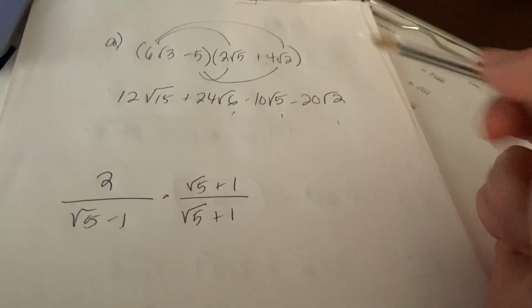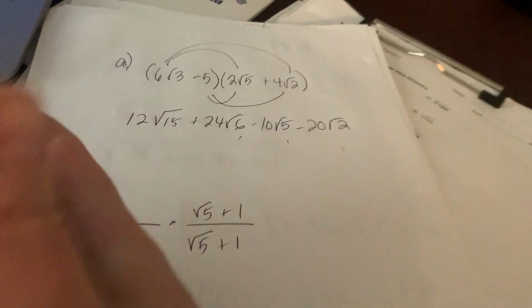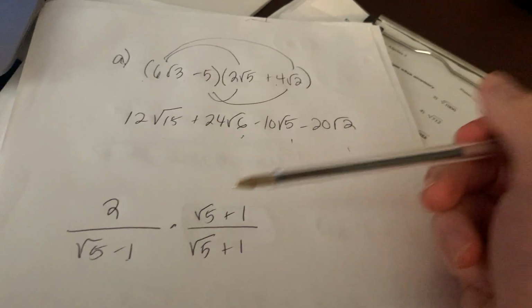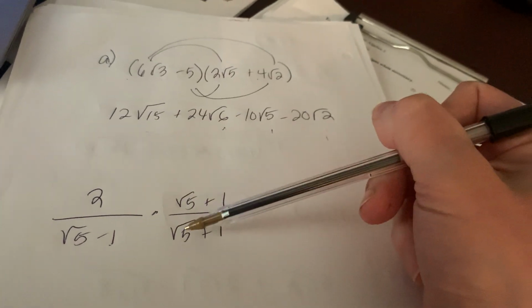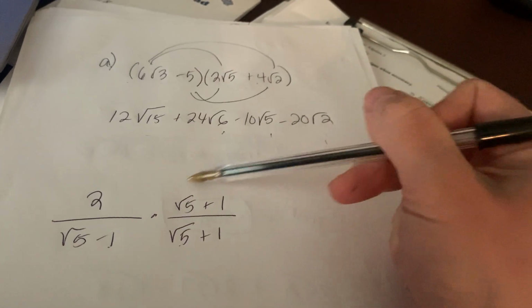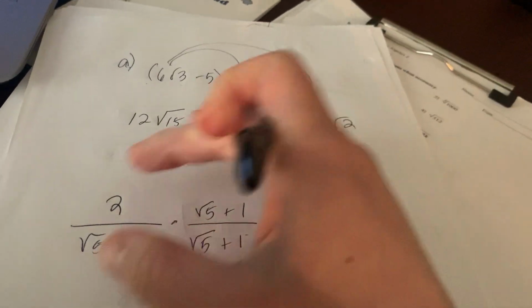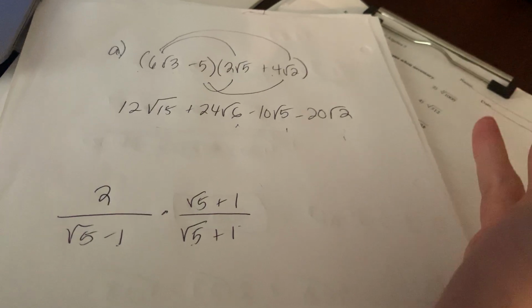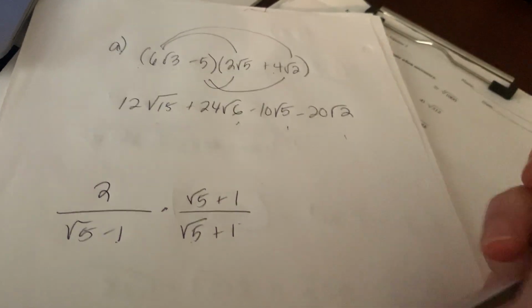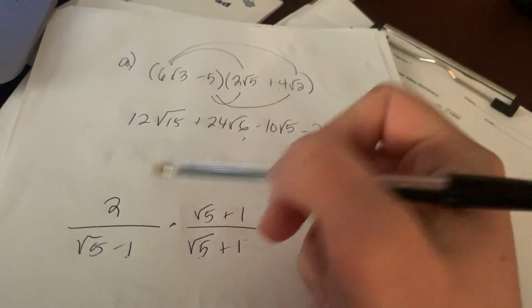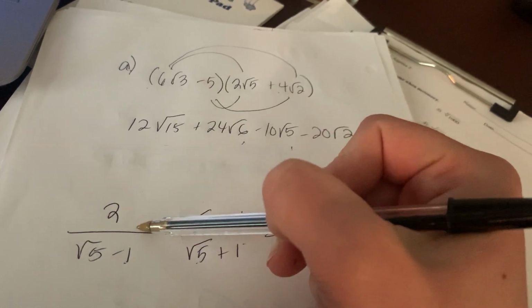And why you have to multiply the top and bottom is because you can't just multiply your answer by something, it'll change it. But root 5 plus 1 divided by root 5 plus 1 is technically 1. Anything divided by itself is 1. So if you multiply by it, you're actually not changing the value of it. You're just giving it a makeover. So here, if you put this in the calculator, you're going to get a decimal.